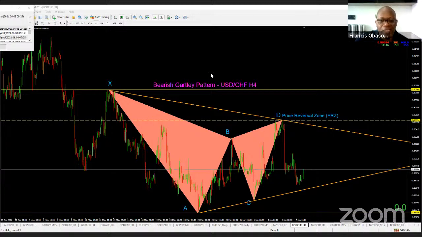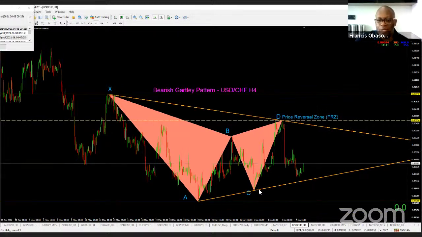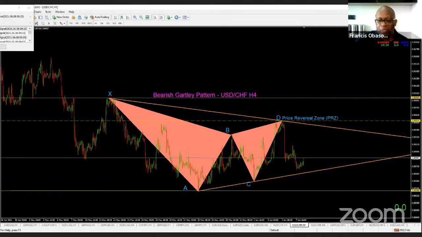A bearish Gartley pattern. And we are going to be targeting this area. This area we've marked as C. But obviously, we believe it will get here first before getting to C, before getting to A.